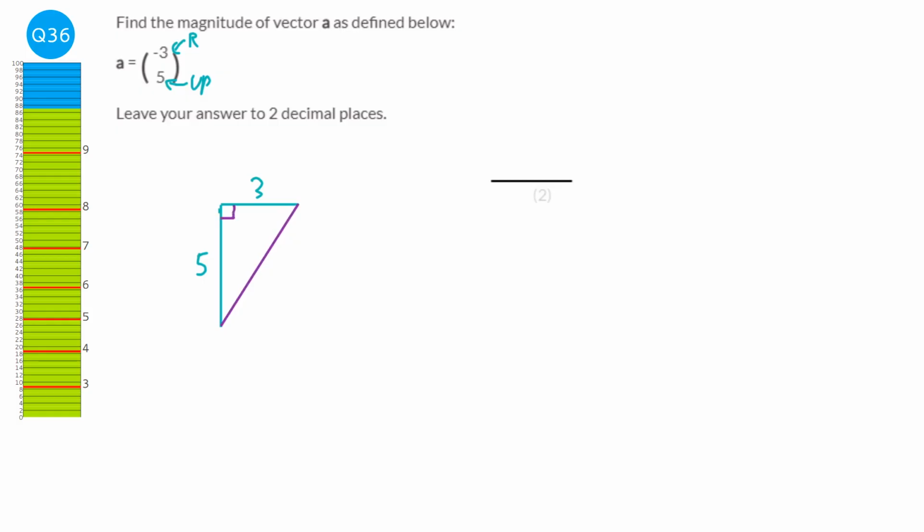What you might notice is this makes a right angle triangle, and so to find the length of this line, which I can just call x, we do a squared plus b squared, so 3 squared plus 5 squared. It's just simple Pythagoras.